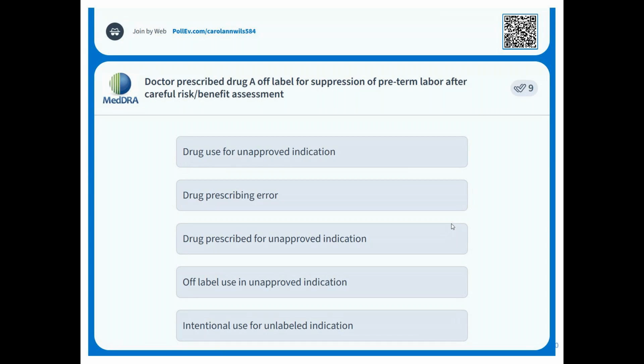Drug use for unapproved indication, drug prescribing error, drug prescribed for unapproved indication, off-label use in unapproved indication, intentional use for unlabeled indication. Think about our decision chart, look at the verbatim, and make your choice.